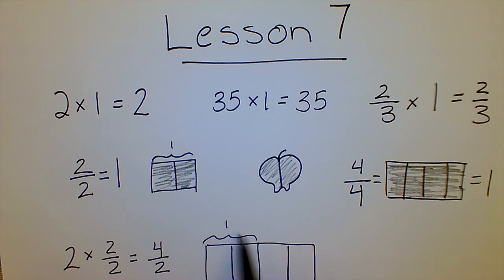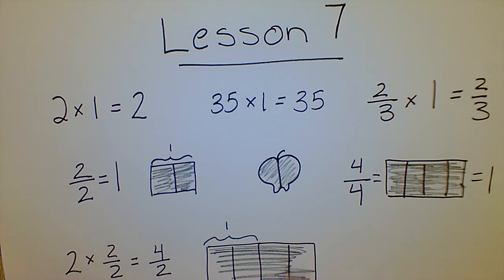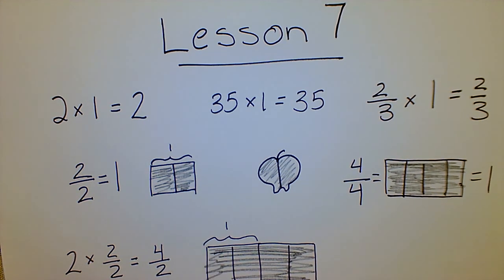So you see, this represents 1, it's cut into 2 equal pieces, but I have 4 of them now, and you can see that that gives me 2 wholes. And I can just put them next to each other like this. So this is 1, and I'm just going to bracket this off to show you this is another 1.